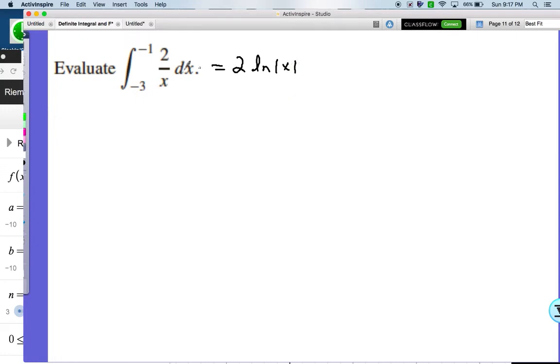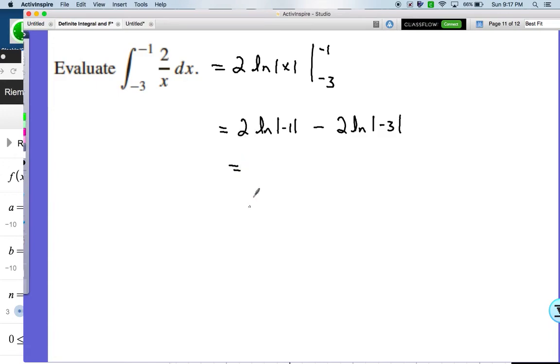This is one of the reasons here, because when I have my limits of integration from negative 3 to negative 1, normal natural log cannot handle negatives, but if I have the absolute value, it works totally fine. So we end up having 2 times the natural log of the absolute value of negative 1 minus 2 times the natural log of the absolute value of negative 3.